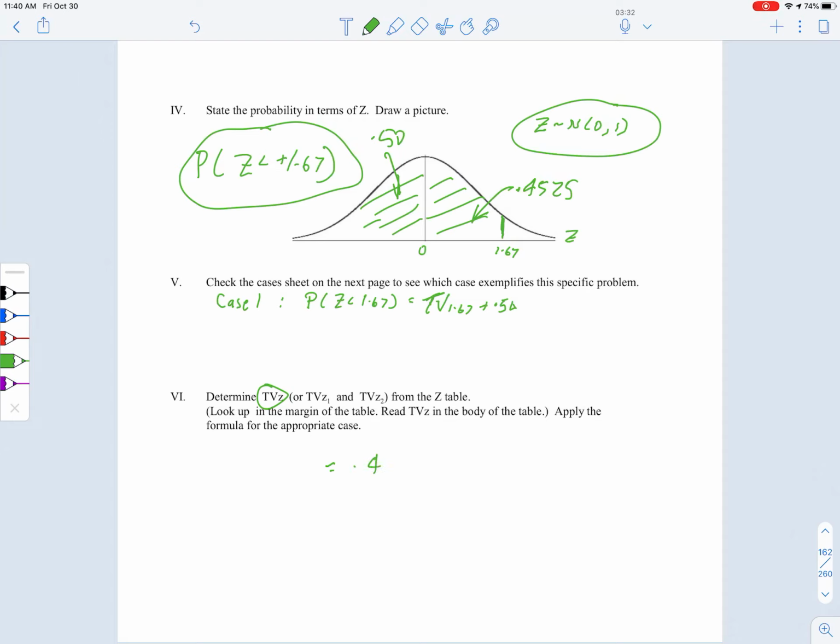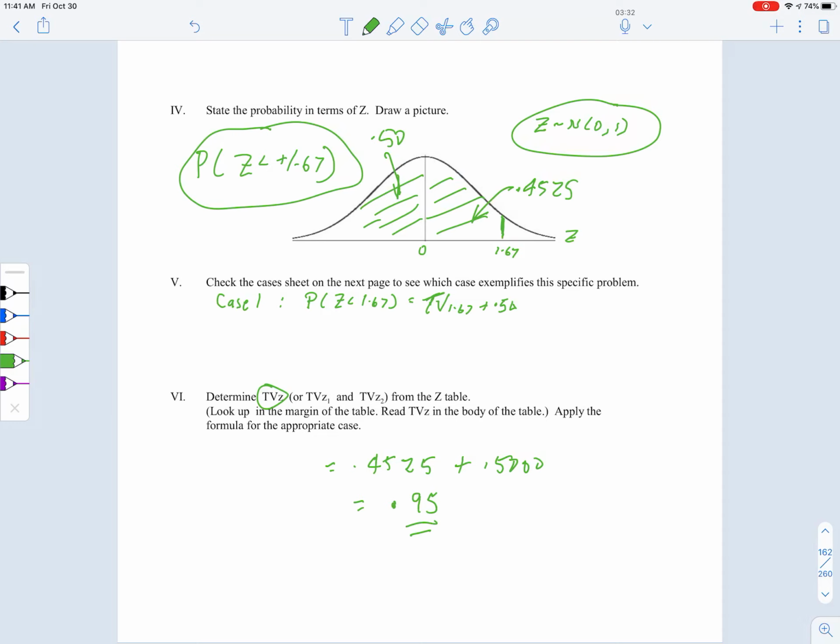So we can say that's 0.4525 plus 0.5 is equal to 0.95. So we would say that 95% of the marks are less than 80.